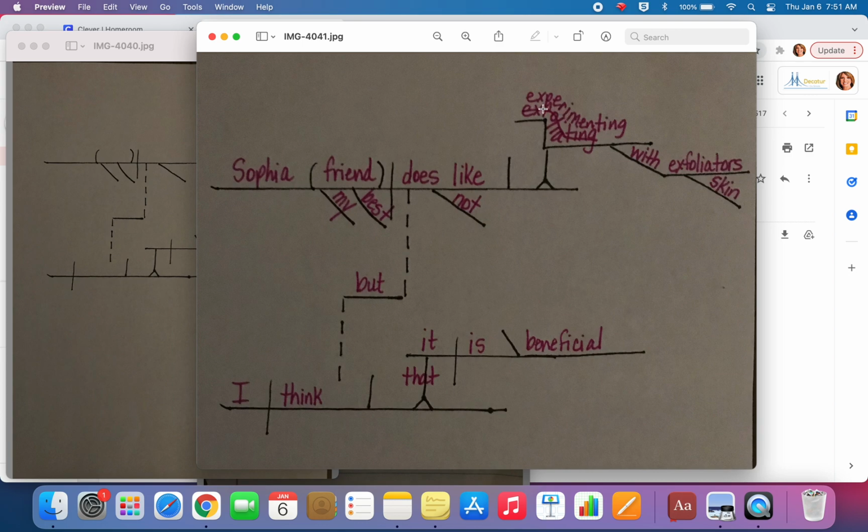So you want to put experimenting here on this line. So I apologize for my error when I was recording this earlier this morning. I was trying to do the sentence out of the top of my head rather than looking at the paper, and I wrote the wrong word, and I don't have any whiteout, so I just marked through it. So make sure you put experimenting right here on the line to designate that it's a gerund.